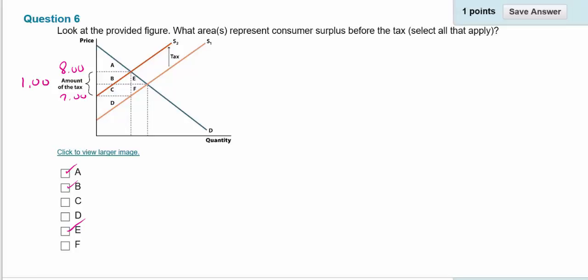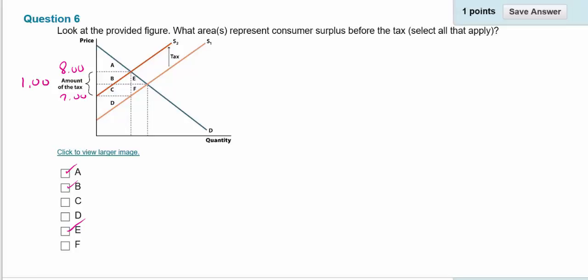All right, now producers are not receiving $8. Okay, and our second supply curve is really just there to give us what the equilibrium quantity and the equilibrium price are. And that turns out to be the equilibrium price and quantity that consumers are paying.